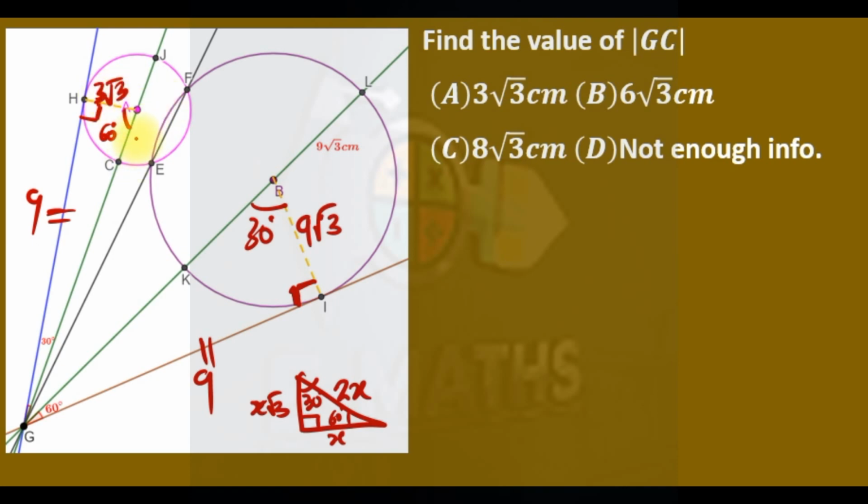But they've given us that this is 3√3. From what we calculated, this is also the radius. So therefore, the remaining will also be 3√3. Because if you add 3√3 with 3√3, that's this length and this, we have 6√3, which is 2 times this. So the answer is option A.